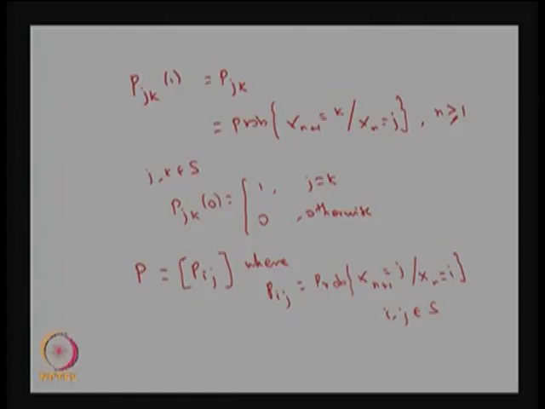Since pij is the one step transition probability of the system moving from the state i to j in one step, and since it is time homogeneous, this is valid for all n greater than or equal to 1. The one step transition probability matrix satisfies two properties.